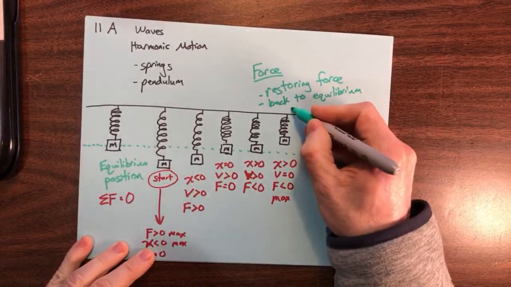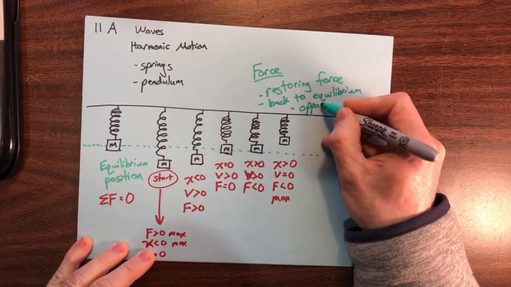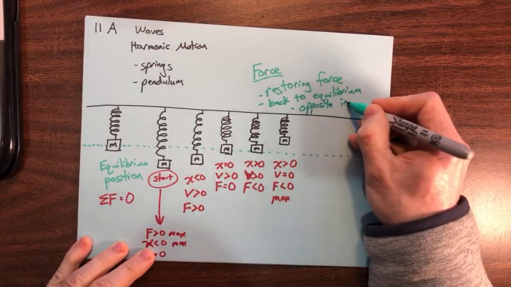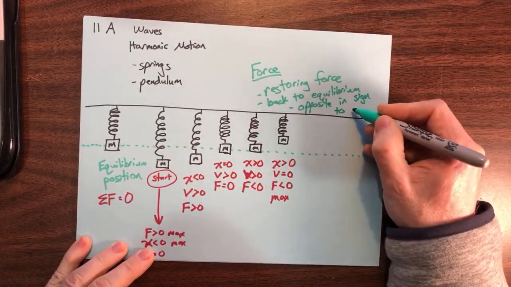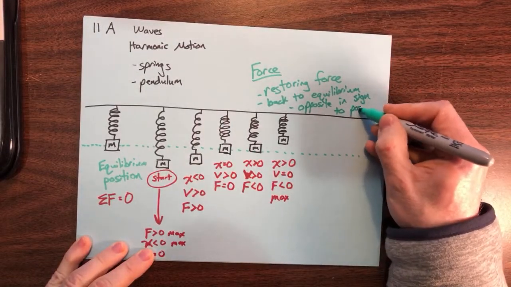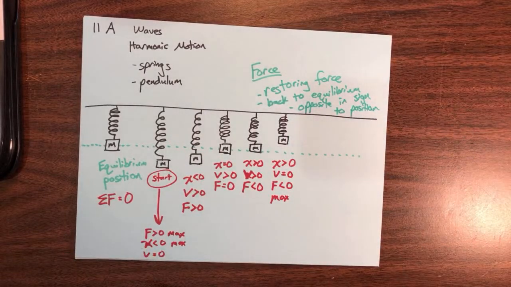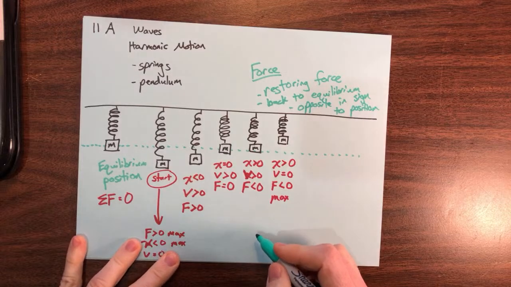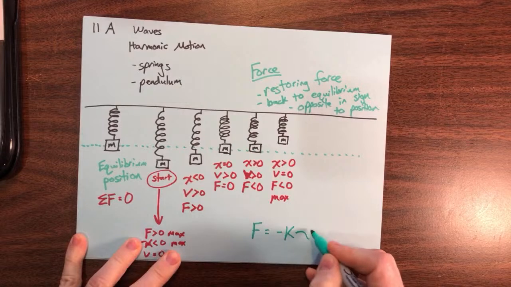And so that restoring force is always going to be opposite in sign to the displacement, to the position. Okay? And so we have a nice equation that we can use for this called Hooke's law. Hooke's law is basically going to tell us that F equals negative kx.